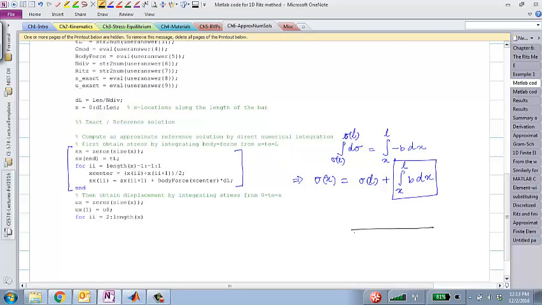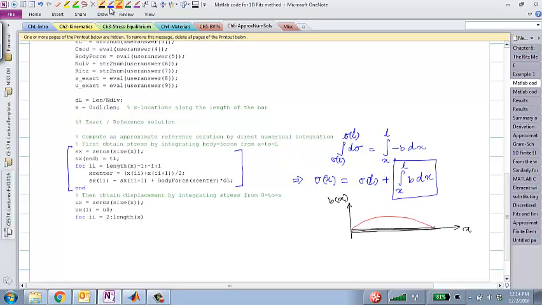If my bar is of length L, let's say this is x, this is body force function b of x. In my current case, my body force function is like that half sine wave.